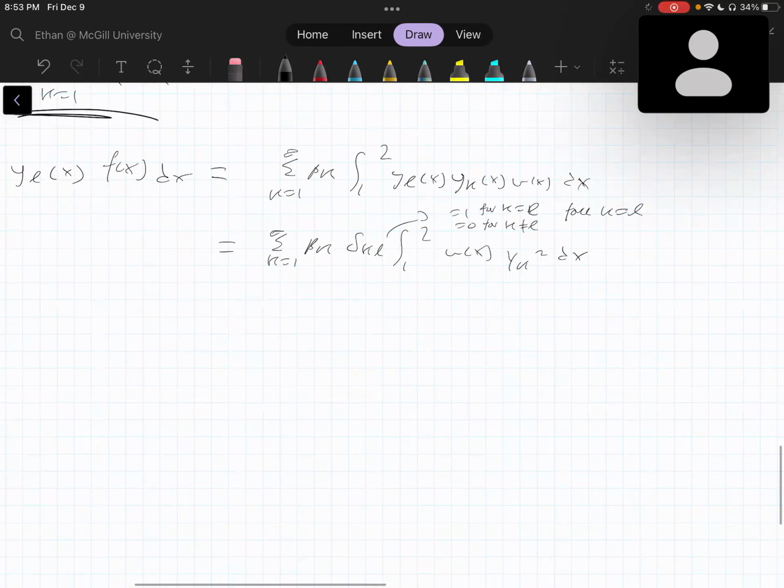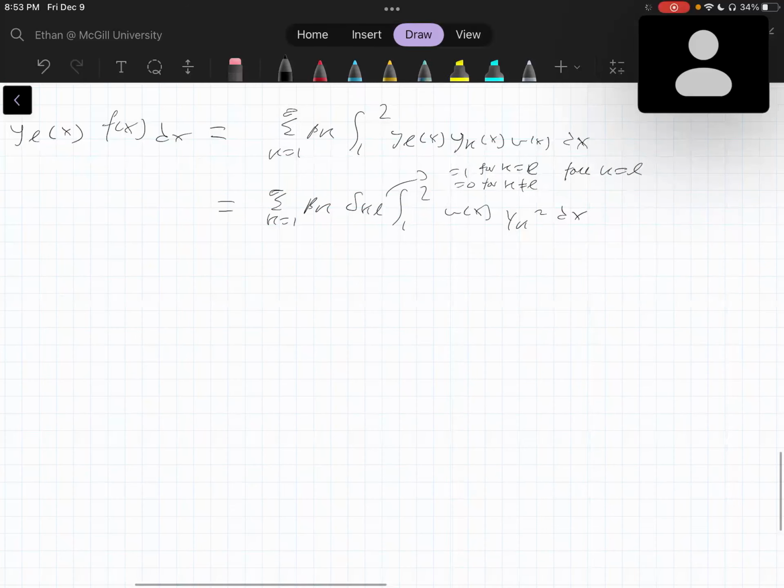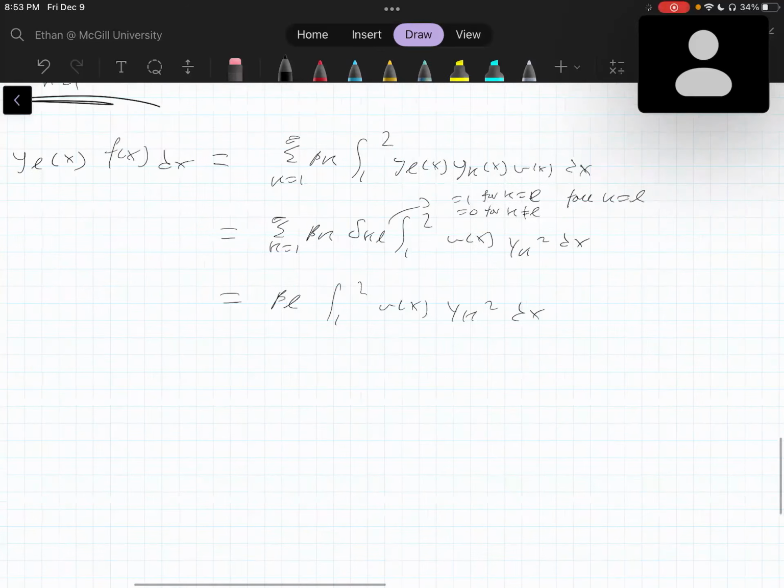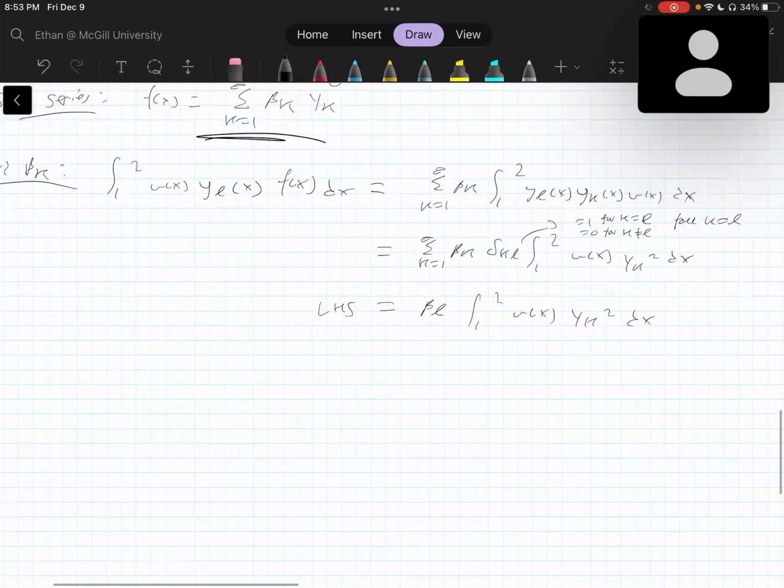So when we use the Kronecker delta as well, we make the variable change. So this can be rewritten as BL, which is a constant, times the integral from 1 to 2 of the weight function times k squared dx. And that's equal to the left-hand side, which is this whole thing.